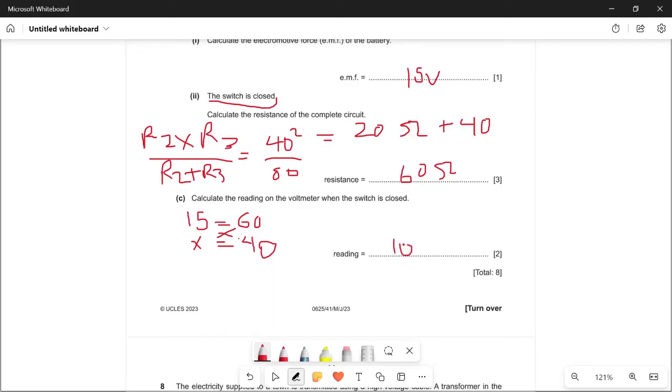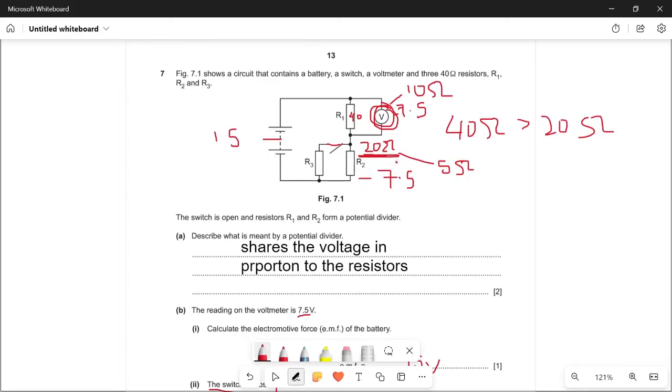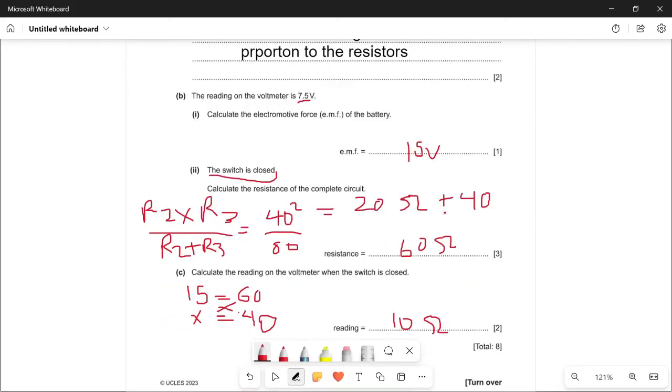So it's going to be 10 volts. So the voltmeter is going to get 10 volts, and this one is going to get 5 volts, because this resistance is 40 and this is 20, so we share the voltage in proportion to the resistance.